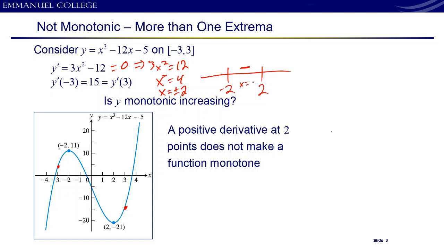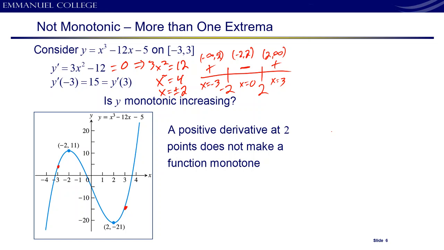So if I picked a point like x equals 0, like say you don't have the graph, you can pick points like that, and you can see that there are intervals that are increasing, those being negative infinity to negative 2, and from 2 to positive infinity. But there is a decreasing interval, sorry, of negative 2 to 2.